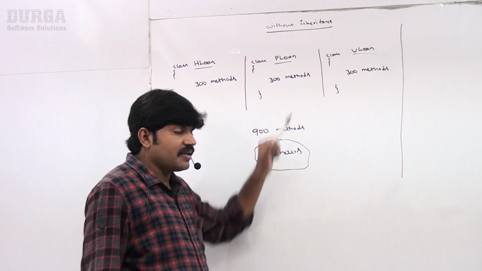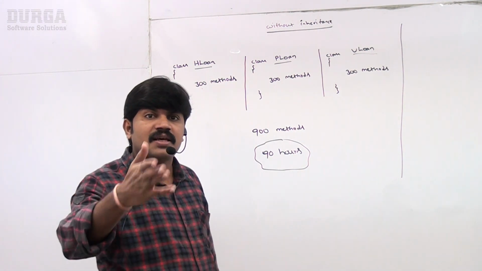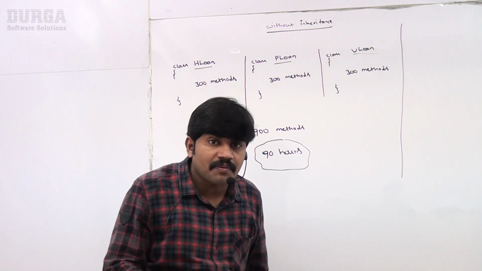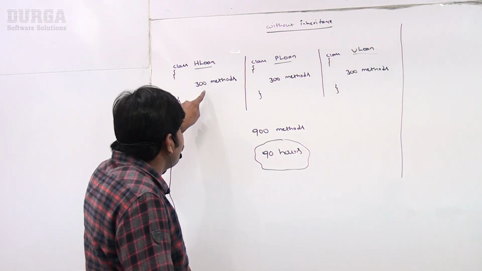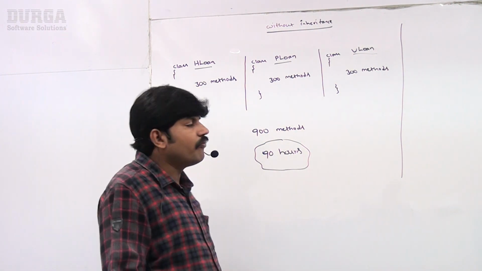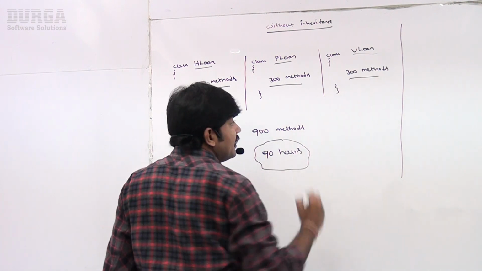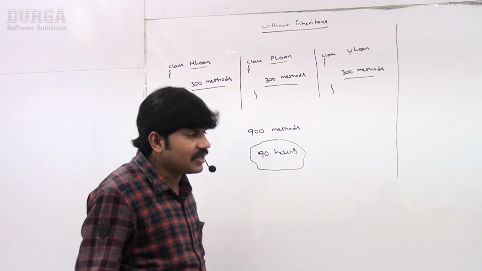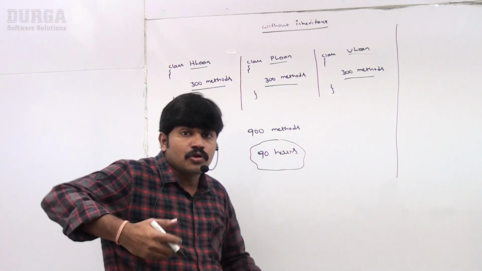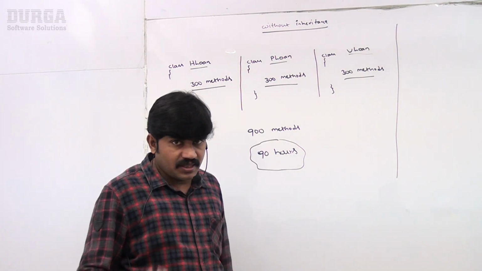I told, sir, 250 methods are common. If several classes contain the same methods, why did you write those 250 again? Unnecessary code duplication, redundancy, the length of the code is going to increase, he told.